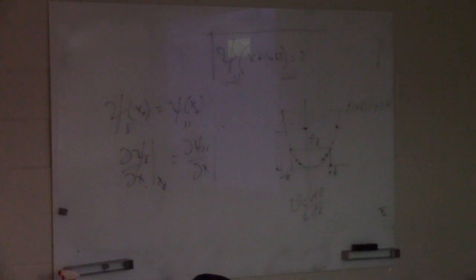I can write dk over dt, in the one-dimensional case, as minus EE. That means k, you have to integrate over t. Suppose in the relaxation time approximation, this becomes EE tau divided by h-bar.